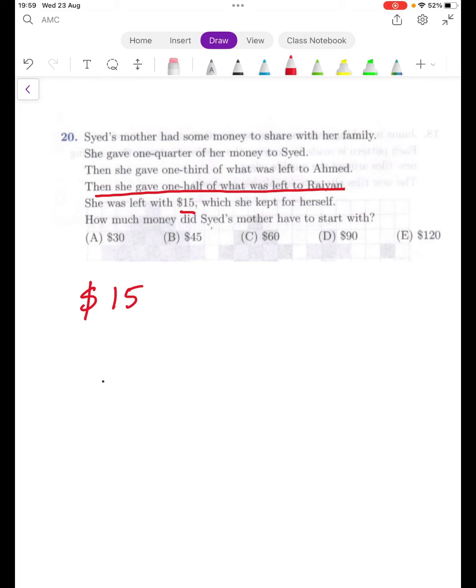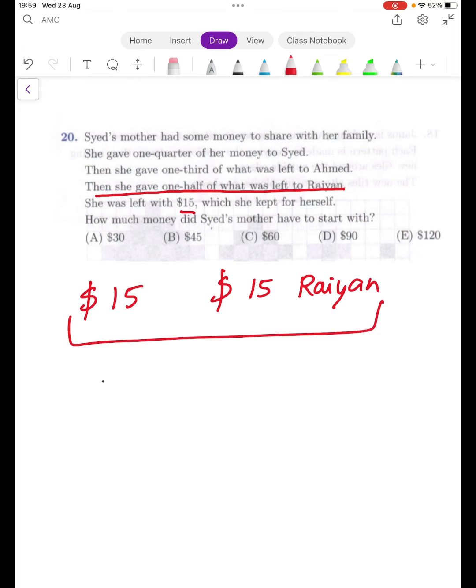Go back to the previous one. She gave half of what was left to Ryan. So that means she must have given 15 to Ryan too. So before this step, she had $30. Now let's go to the step before this. She gave 1/3 of what was left to Ahmed.